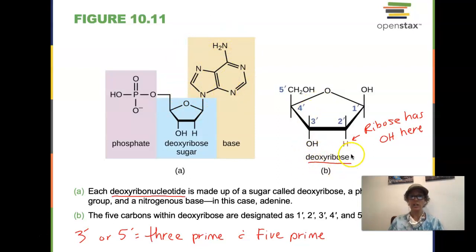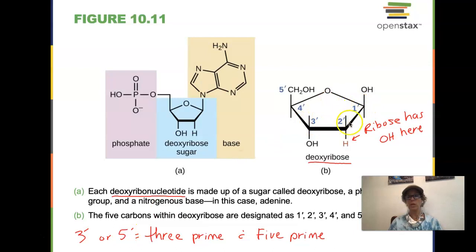This is the deoxyribose by itself. When we get to RNA, the ribose sugar will have an OH hydroxyl group here. And this numbering is important for how we are going to link one nucleotide to the next to build our polymer of nucleic acids. And so this 3 with a hash mark or the 5 with a hash mark is pronounced 3' and 5', and that is the number of the carbons.